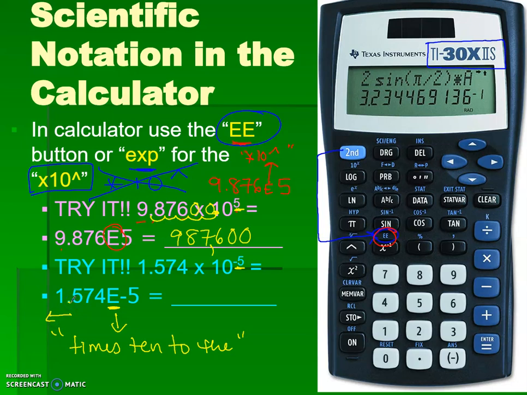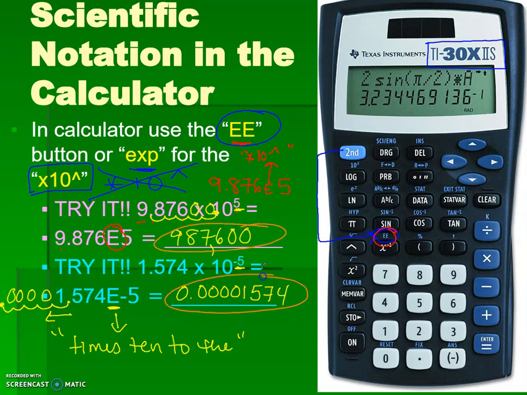It divides by 10 5 times. 1, 2, 3, 4, 5. And then it fills in your zeros. So that's 0.00001574. So please take out your calculators, try these out, push pause on the video, see if you do that.